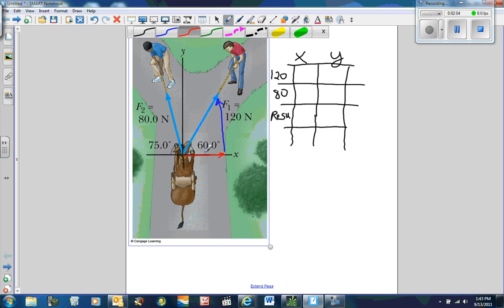So I take the hypotenuse, which is 120, and multiply it by cosine of 60. When I do that, I'm going to get 60 newtons, right? And all these are going to be newtons.